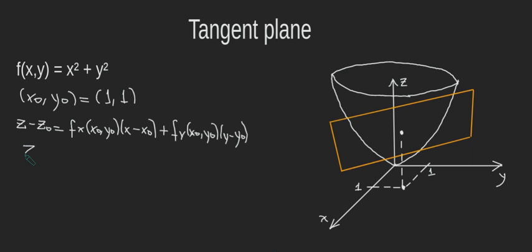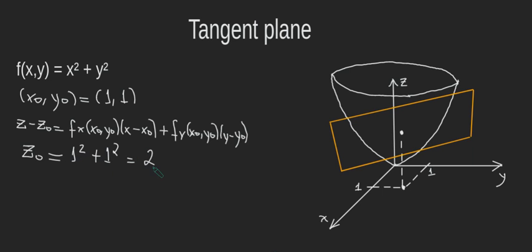z0 is equal to, using the formula, because remember, f of x, y is just z. So when we plug x0 and y0 into the formula, we get 1 squared plus 1 squared, which is 1 plus 1, 2.